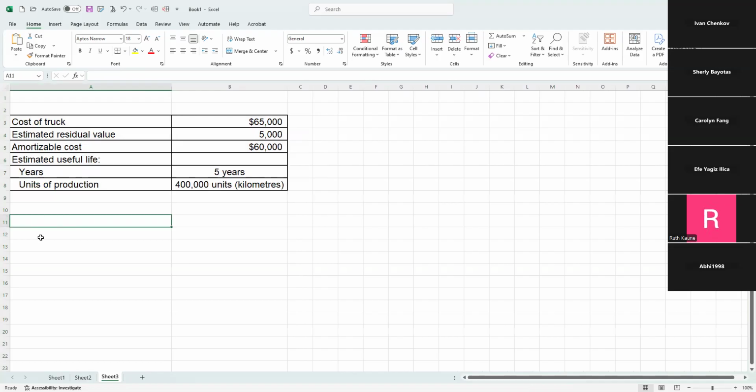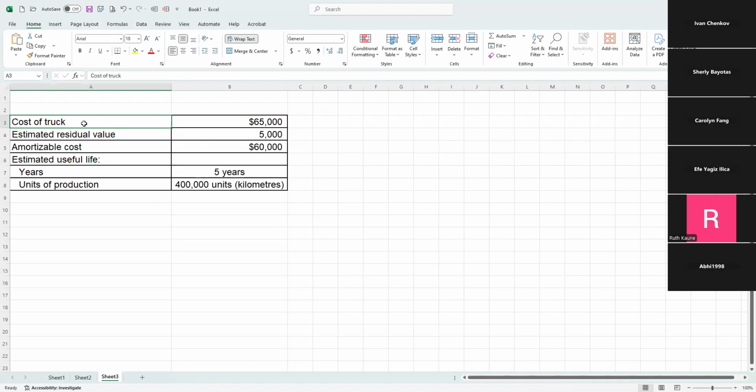So we have the cost of the truck. We have the estimated useful life, residual value. We have amortizable cost. We have the estimated useful life in years and units of production. So that's not always going to be the case. What you're going to see in the questions is cost of truck plus the transportation plus this plus this plus this.